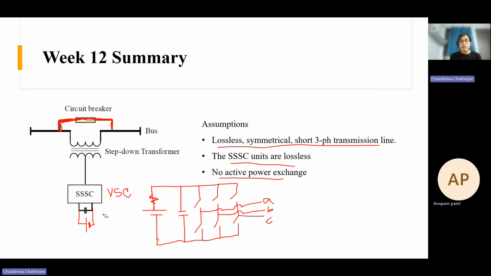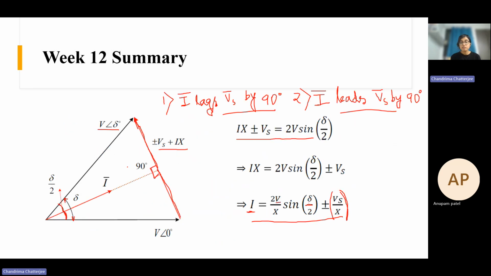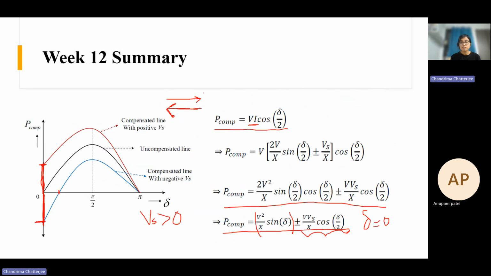If there is no active source in the circuit, only reactive power exchange will occur. Another important point is that the active power may get reversed. That is something we didn't see for any other compensator. Here we can get negative active power.